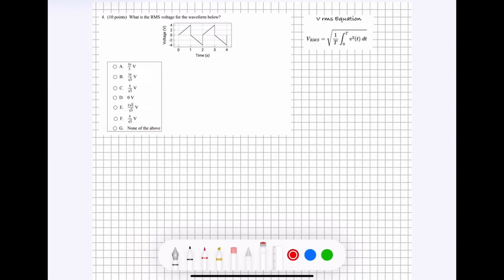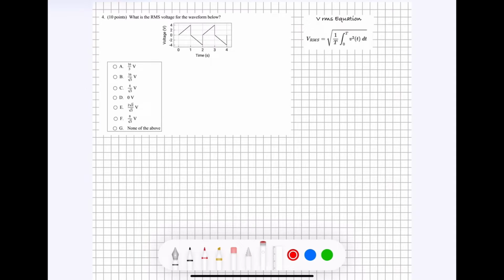All right, so what's important to note when looking at this problem is we need to know what the period is, and that's going to be T, and we also need to know what this V of T value is going to be, because we need to square it when we put it into this equation. And those are our two main pieces of information that we need to figure out from this graph.